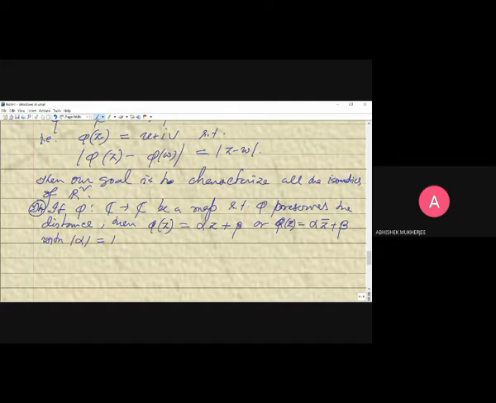So this is the result. With this one you can characterize all the isometries.